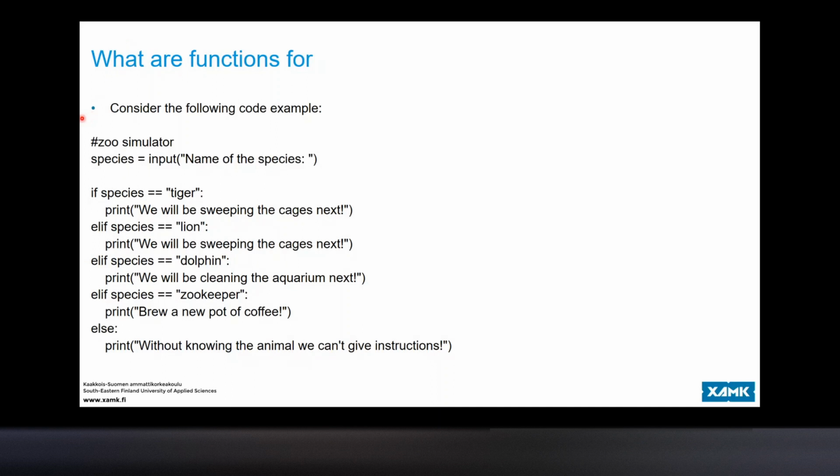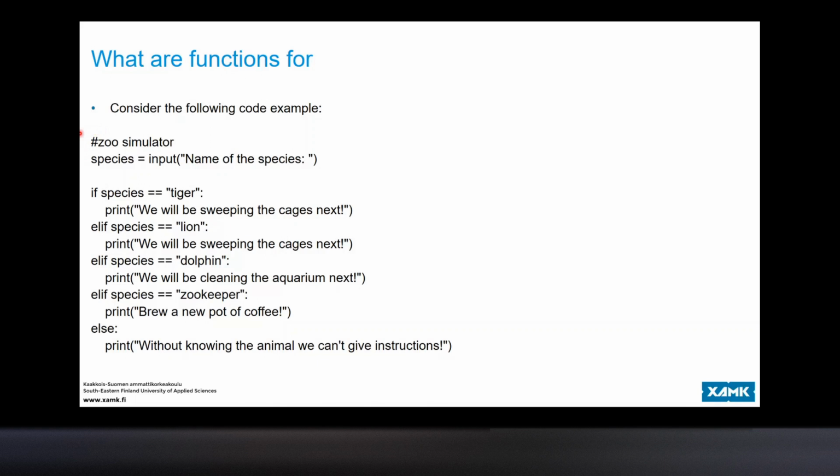And to see what the functions that we might be writing are good for, we might take an example. Let's say we had this example code which simulates a zoo, an animal sanctuary, if you like.